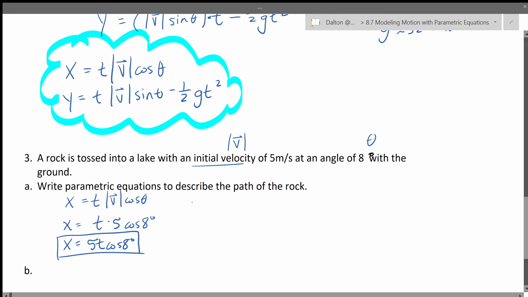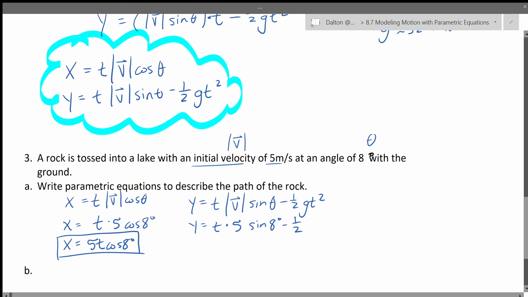The vertical parametric equation is given by t times that initial velocity minus 1/2 gt squared. So again, I'm substituting in 5 for initial velocity. So y will equal t, we don't know what time is, that's remaining a variable, times 5 times the sine of 8 degrees minus 1/2.